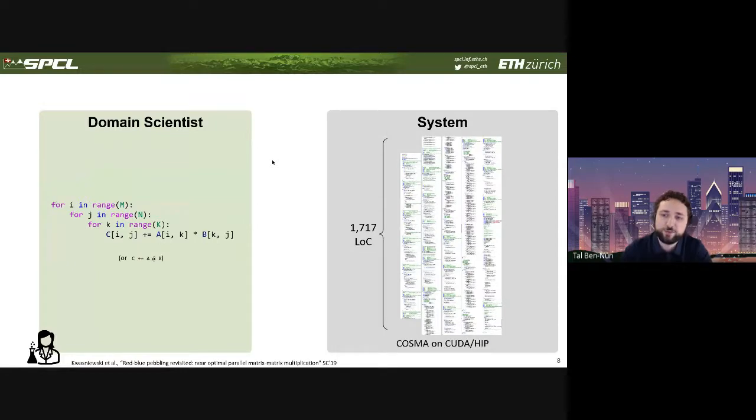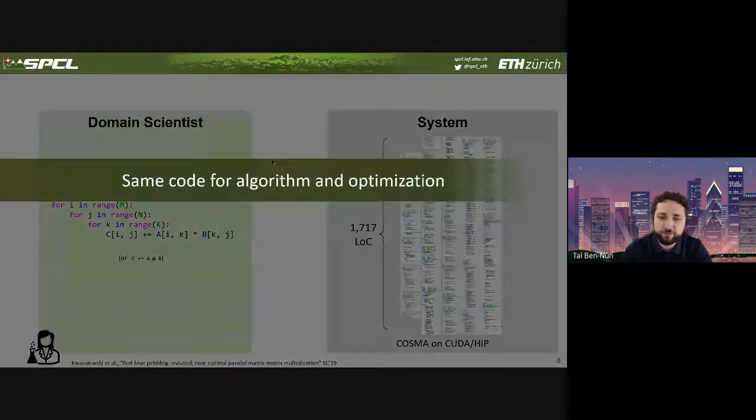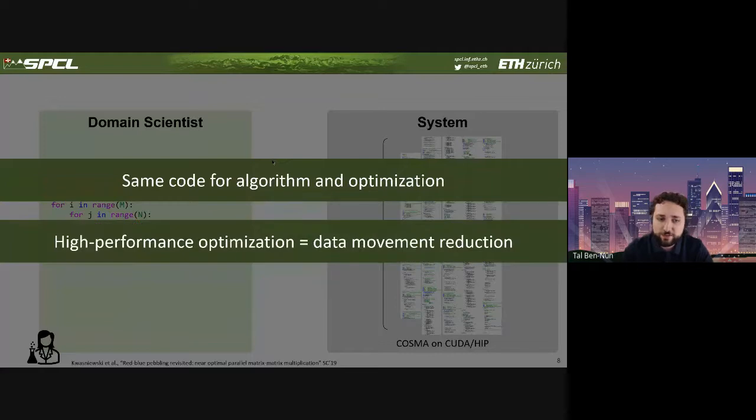Even the most highly optimized versions of a matrix multiplication are just mutations on how the data moves and nothing about how the computation is actually performed. So these are the two insights that we see here. In today's world, high performance optimization means reduction of data movement.